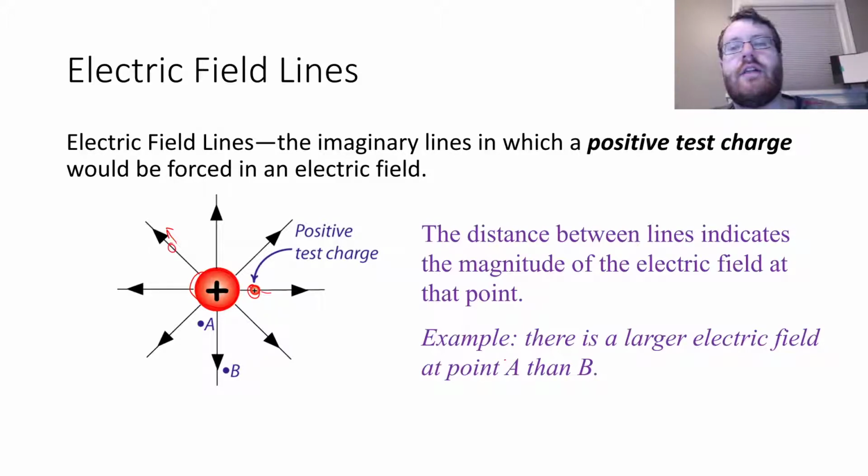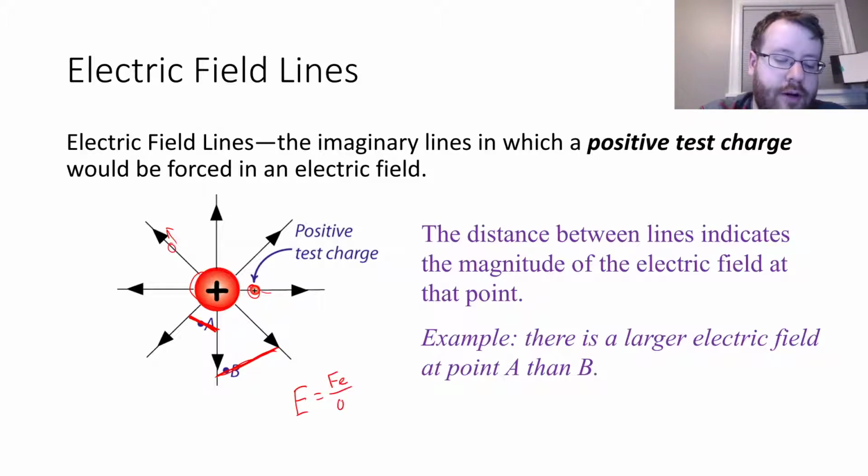So the closer together these lines are, the stronger the field is. And we can see that between A and B. At point A, you can see that the electric field lines are closer to each other than at point B. And what that means for the formula, if you recall, this over here, is that we're going to have a higher electric field strength and a stronger force at point A than we would at point B, because the lines at point A are closer to each other, which means it's stronger.